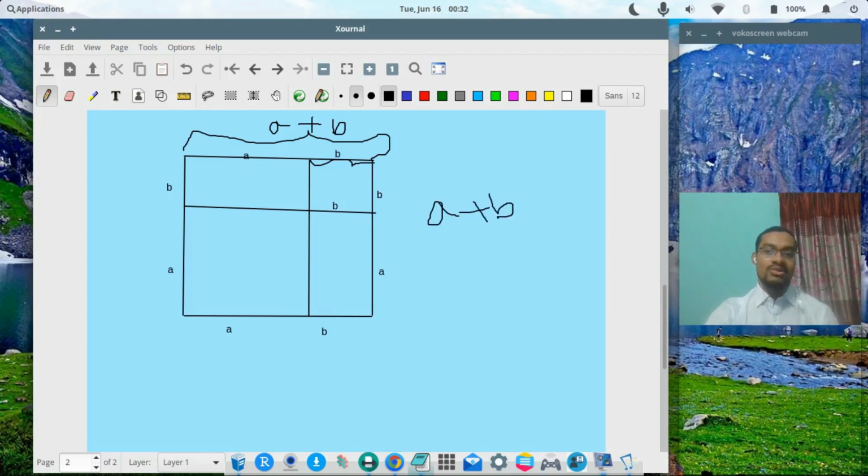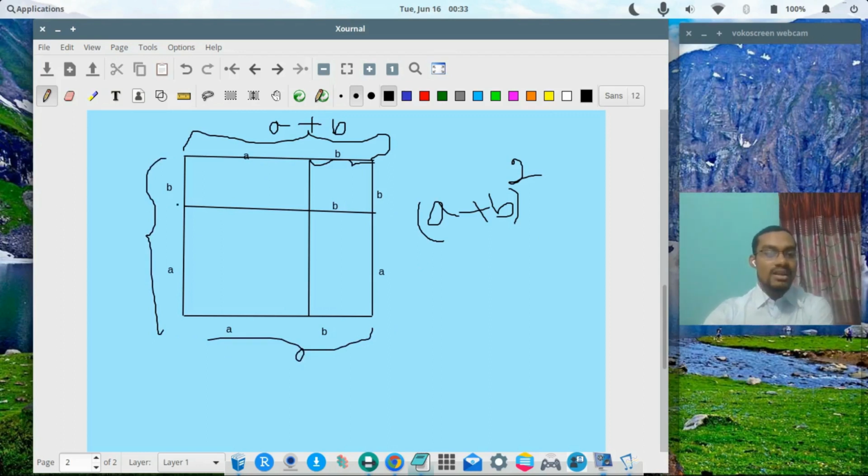Since the area of the square is its side squared, the area of this whole square is (a + b)². Since one side is a + b, every side is a + b. So the area of the square is (a + b)².